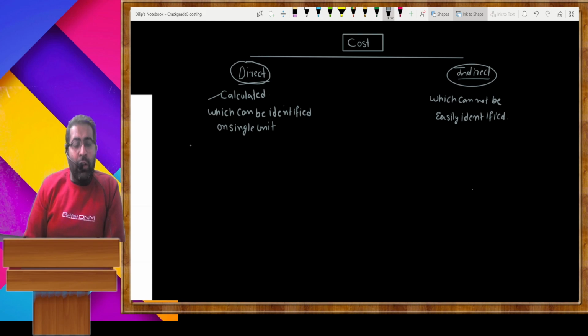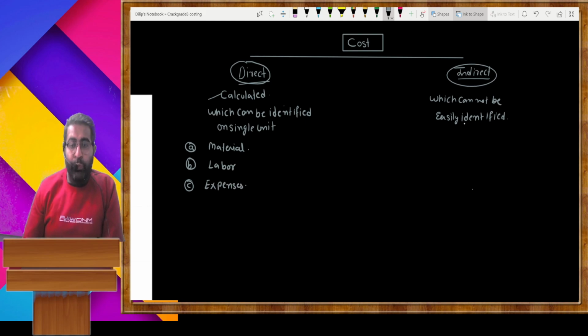Direct costs are further divided into three parts: A, direct material, B, direct labor, and C, direct expenses.